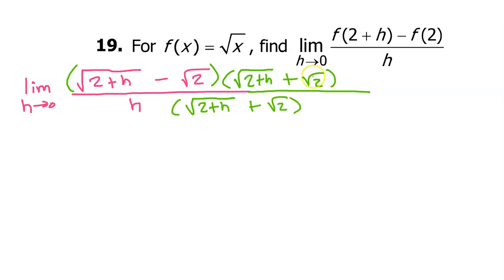So remember, the benefit of multiplying by the conjugate is that you're going to end up with a squared minus b squared. This is a and this is b. So watch out for a squared minus b squared.